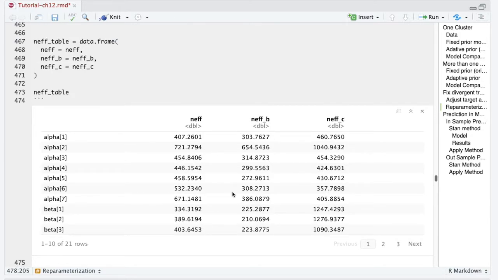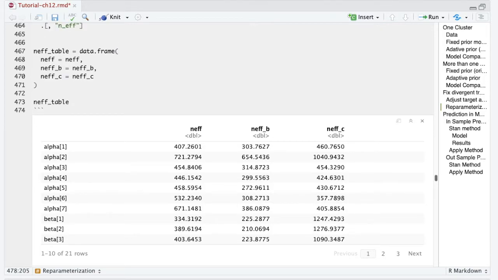Even in some extreme situations, the centered form could be better for one cluster in a model, while the non-centered version will be better for another cluster in the same model. For example, it's possible that in the chimpanzee data we just used, the best way to solve that problem may be using a centered version for the treatment effect and a non-centered version for block effect and chimpanzee effect.